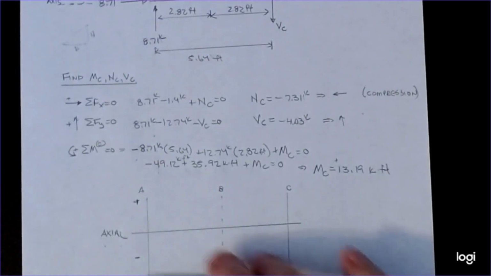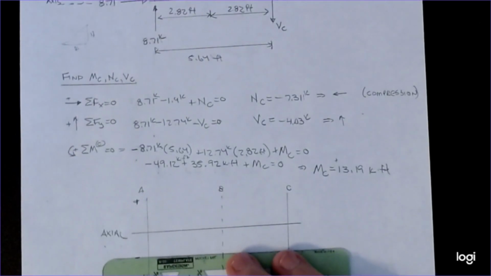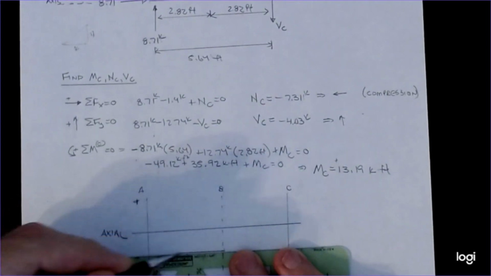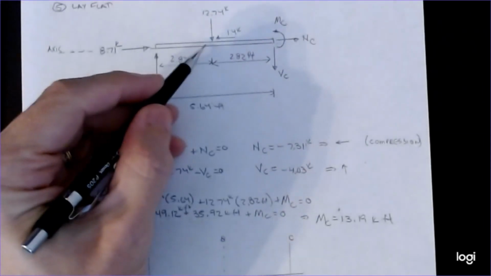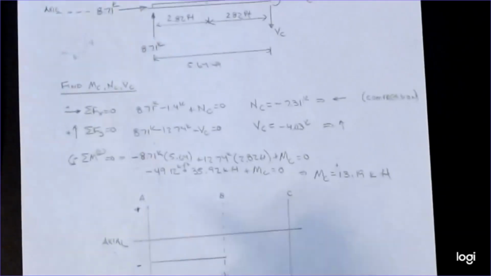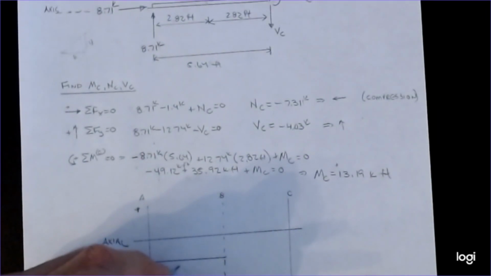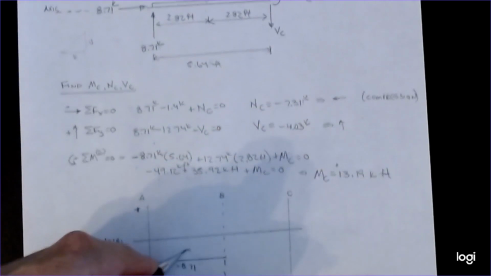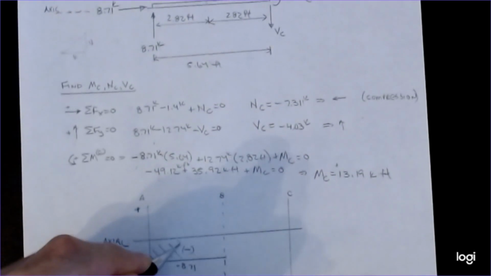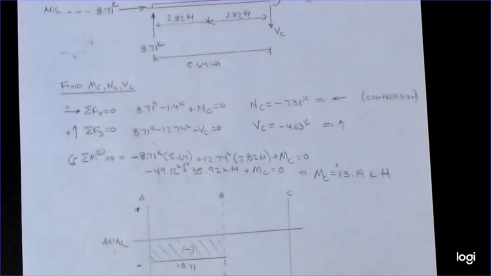And so that value, if I draw it, goes in from here to here, constant all the way down the length. There's nothing that changes the axial load until I get to point B. So it's minus 8.71 there, and I can call that a negative, and then I can put that piece on there.